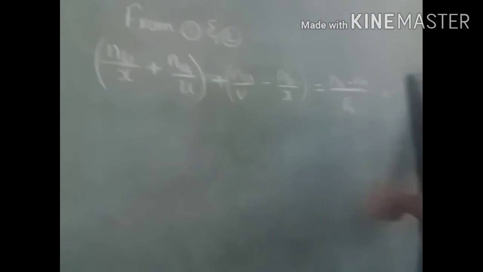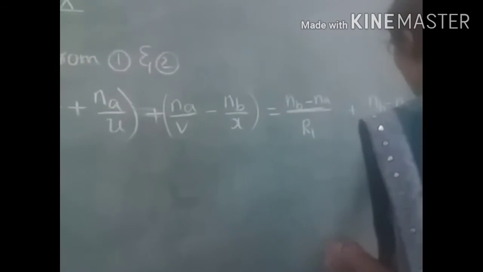Is equal to NB minus NA by R1. Again here negative is there. Now we multiply this minus on the numerator, then we will get NB minus NA by R2.